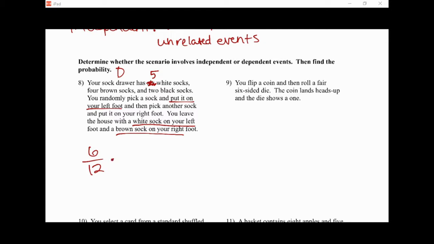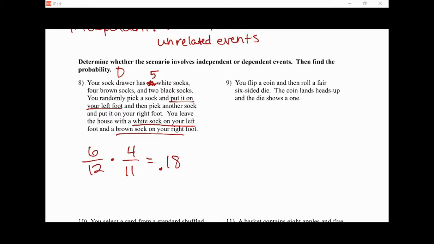So the probability then of getting a brown sock is 4 out of 11. Does that make sense? It's 0.18. Okay.